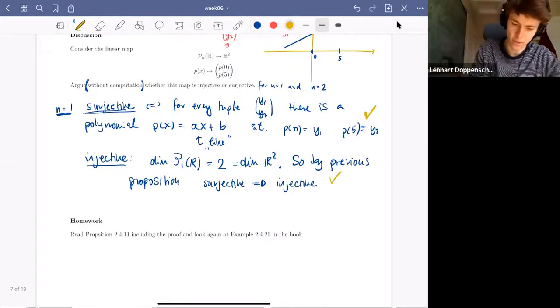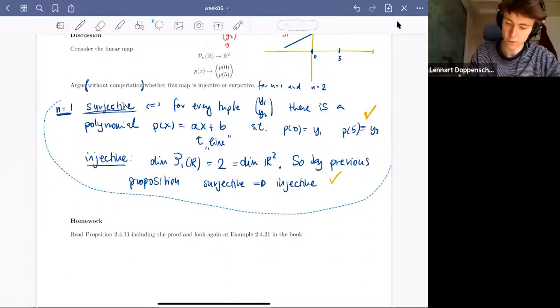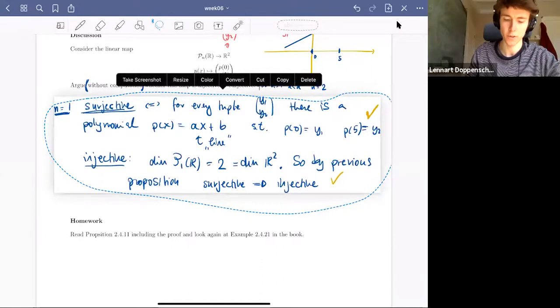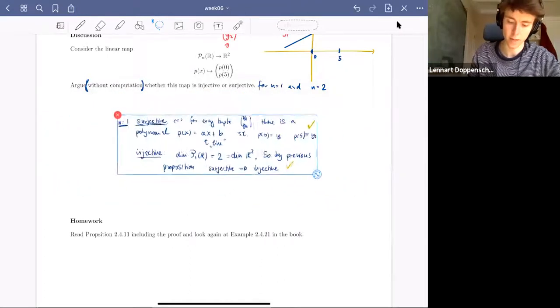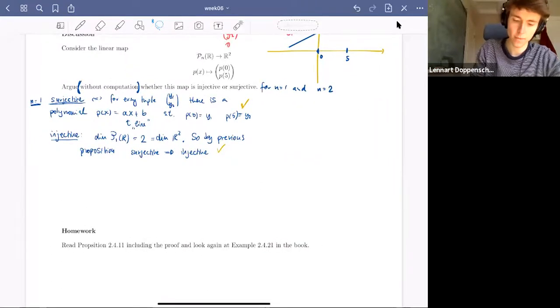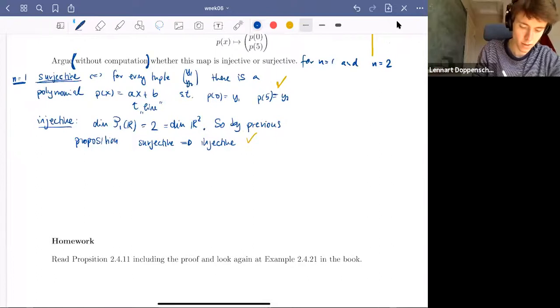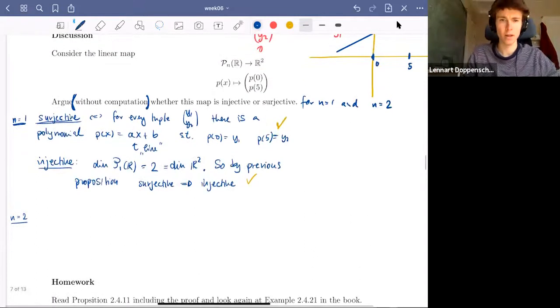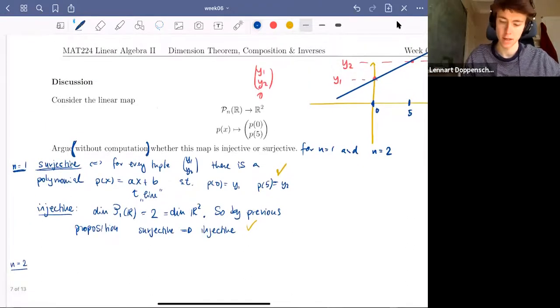Okay, this was, I guess, the main reason why I wanted to put this discussion in here. But let's also briefly think about n equals 2. Any comments for the case n equals 2? Yes, Andrew, that's right.